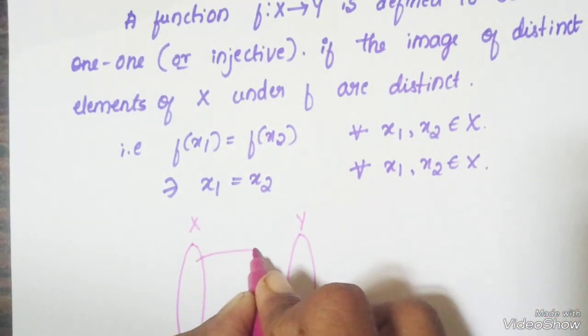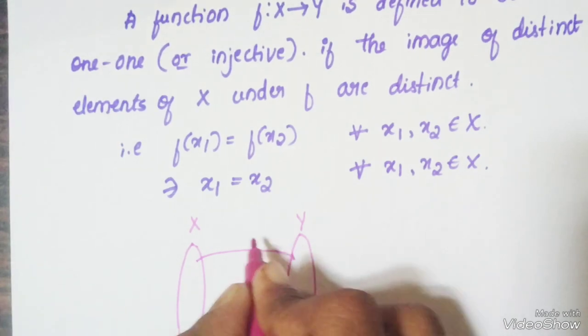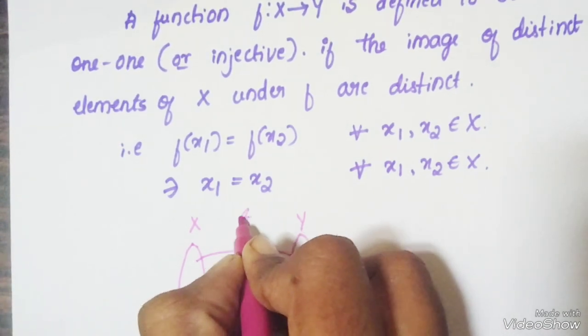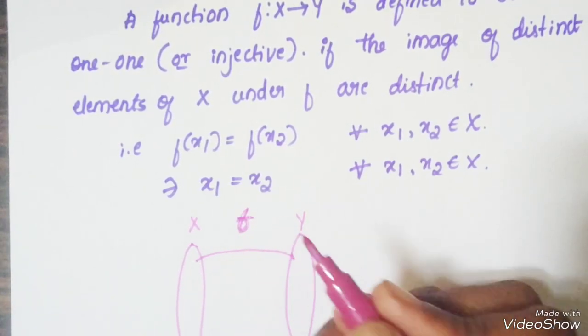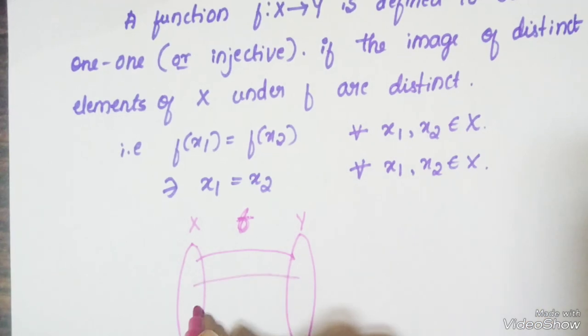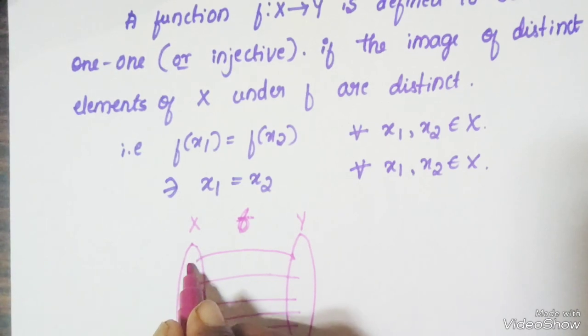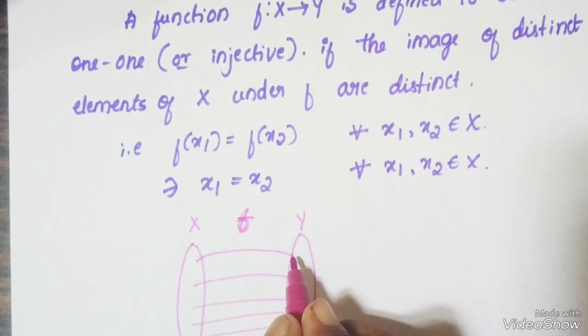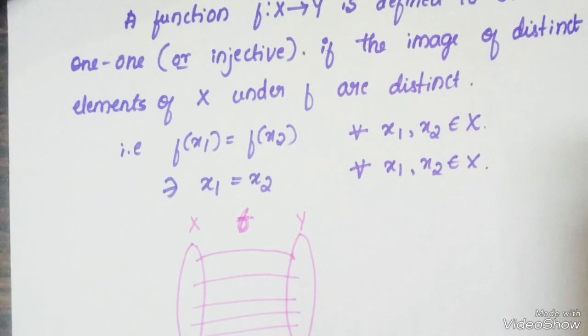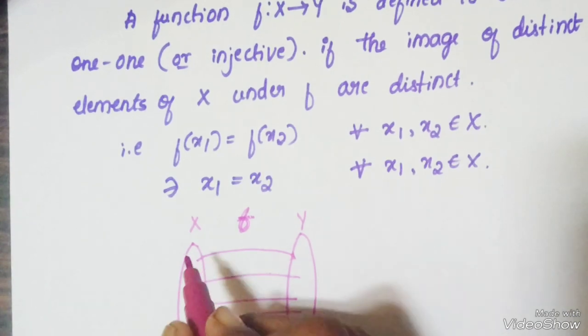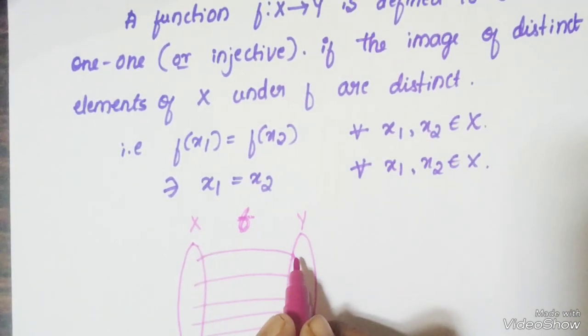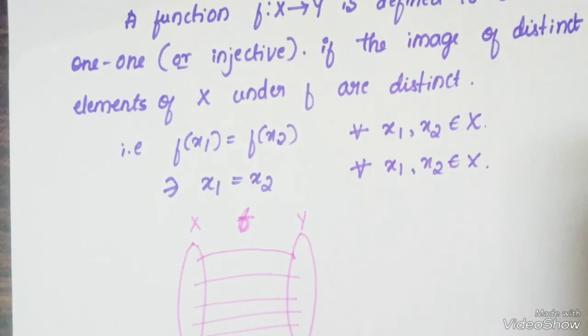Then there exists a relation, that is a function from X to Y. Distinct elements have images of distinct elements under f. Every distinct element is related with a distinct element, that is, one unique element.